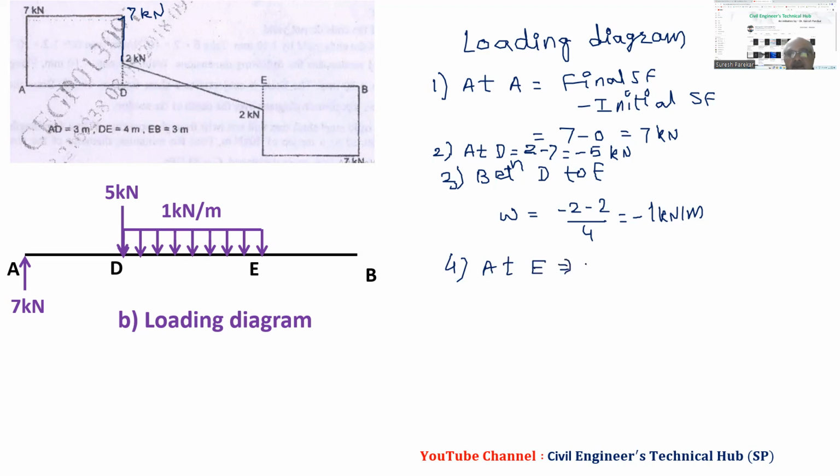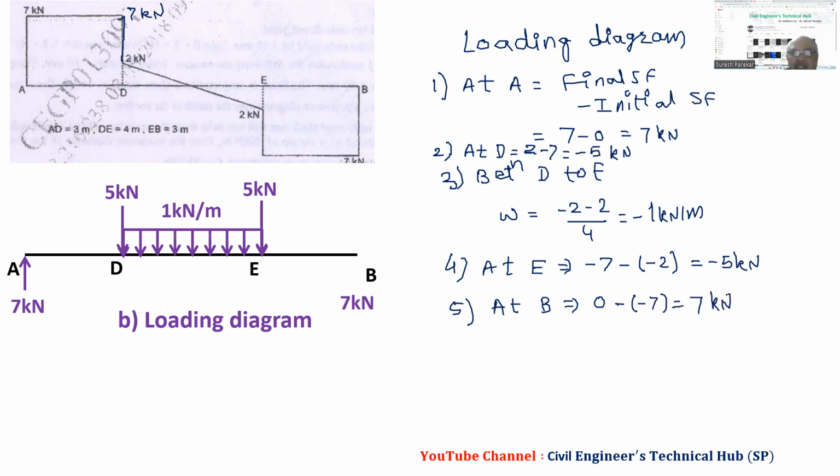Final minus 7, initial minus of minus 2, and that is again minus 5 kilonewton. It will be again downward. And then at B, we have final shear force 0, and initial minus of minus 7, so we have 7 kilonewton. So likewise, we can plot the loading diagram.